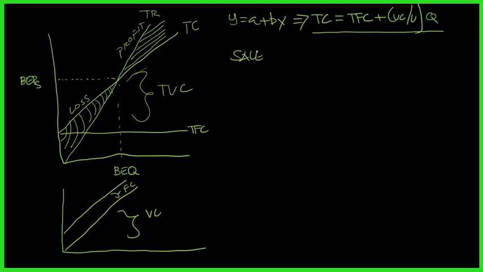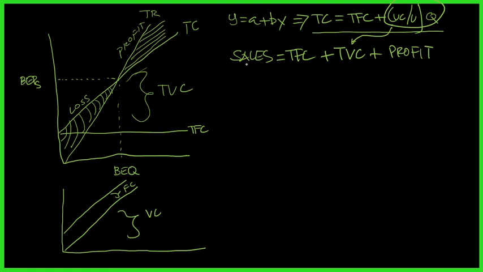This one is the easiest, no? Your sales is equal to your total fixed cost plus your total variable cost. Ayan. Plus your profit. And there are different ways on how you can simplify this, no?